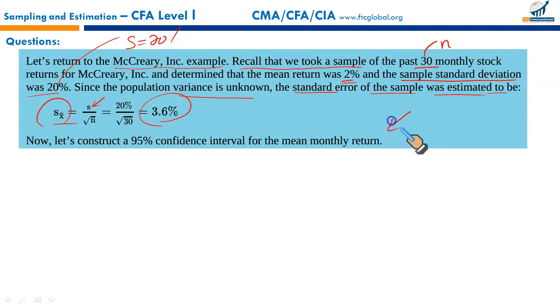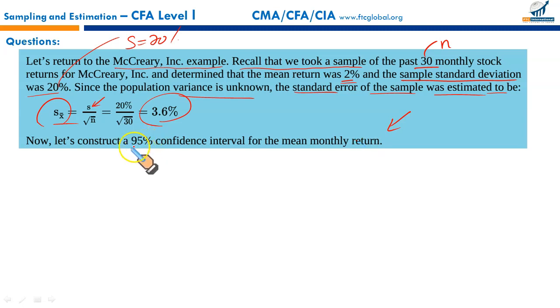Now the main question is given here. Let us construct a 95% confidence interval for the mean monthly return. Since we are going to use the t-distribution, we need some important things before we go on. We need to first determine the level of significance.